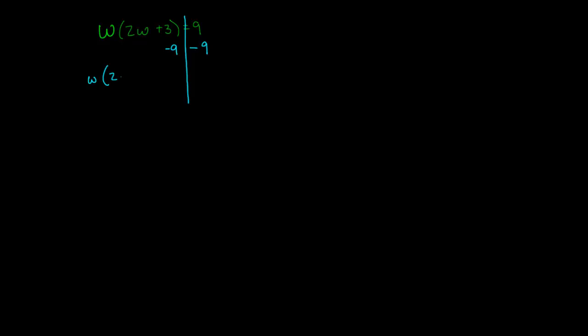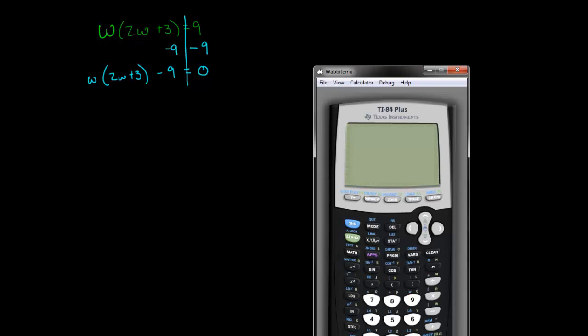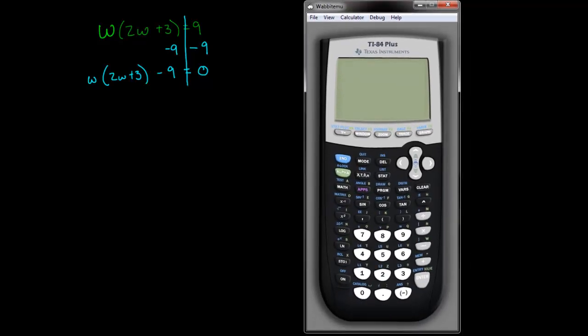W(2W + 3) - 9 = 0. I can remove that line up to there. Now, since we have this, then we can simply come over here, pull up the calculator.